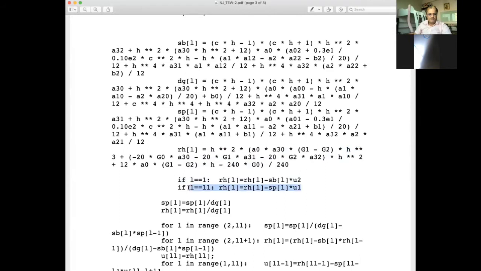Before this line, I have formulated our matrix AU equal to B. Now AU equal to B is ready. Now simply I have to calculate U equal to A inverse B. Till this line, I have just formulated our matrix system.